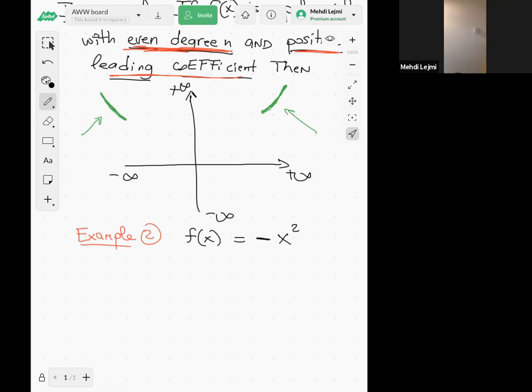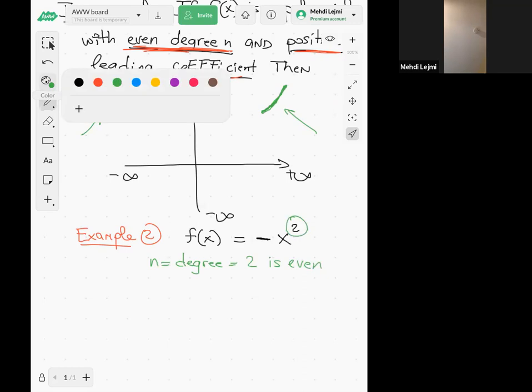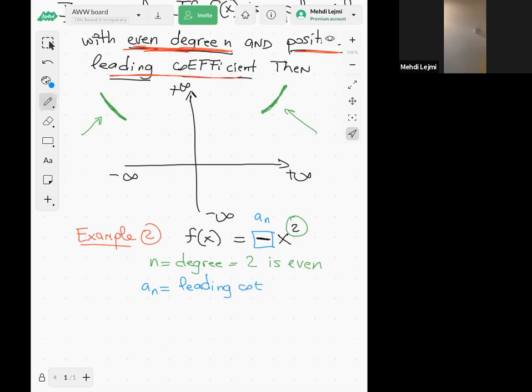In particular, it's a polynomial. The degree n is 2, which is even, and the leading coefficient is negative. My a subscript n, the leading coefficient, is negative 1, which is negative.